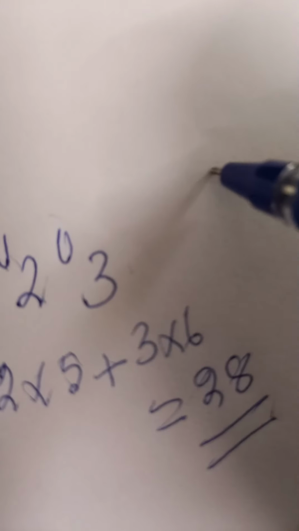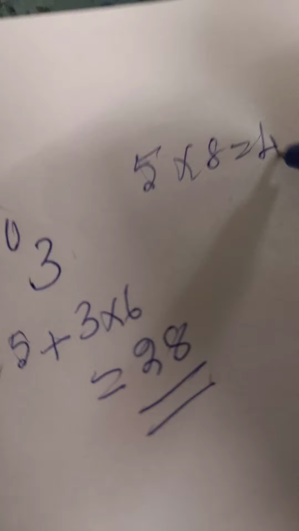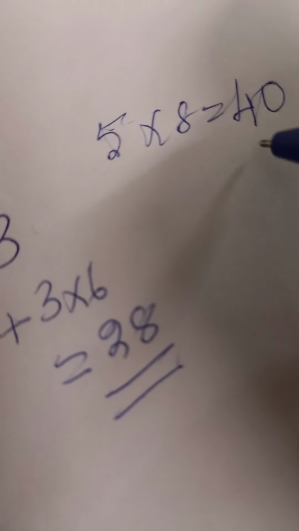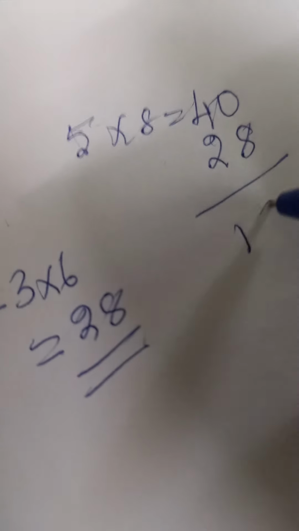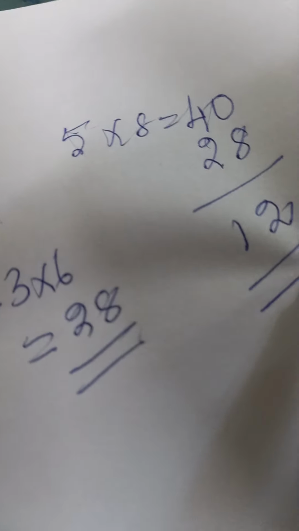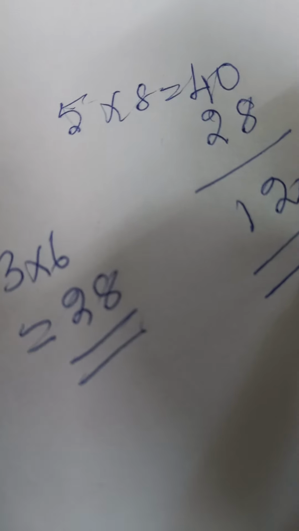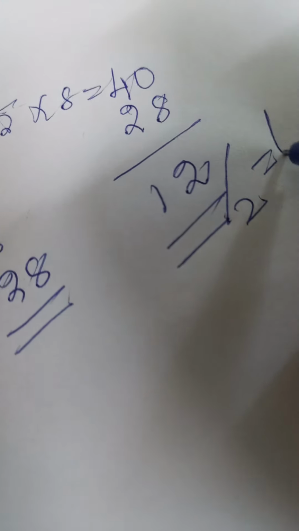But there are 5 atoms, 2 nitrogen, 3 oxygen, 5 8s are 40. 40 electrons should be there. Available electrons 28. So shortage means 12 electrons. If you divide by 2, there are 6 bonds.